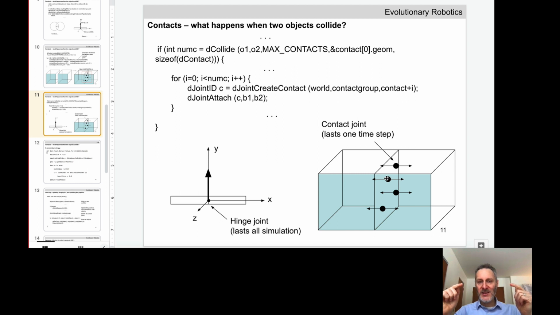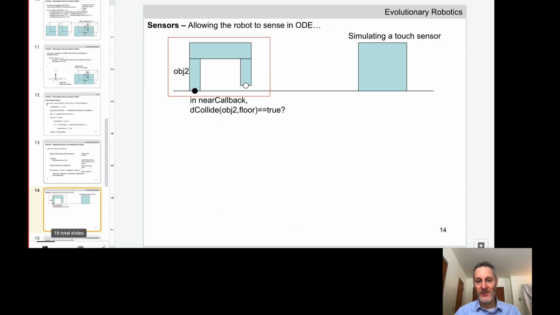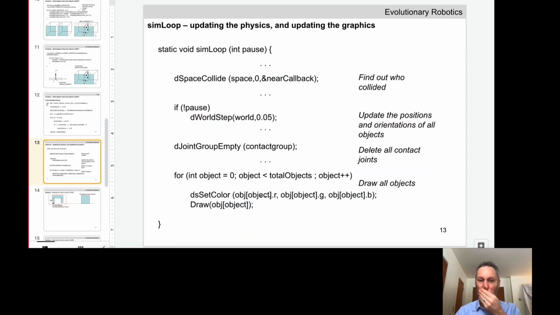And remember that the physics engine uses forces to determine the new positions and orientations of objects. Okay, so determine who is colliding with whom and add forces to those objects that are in collision. Add all the other forces that are acting on objects like gravity, friction, and so on.